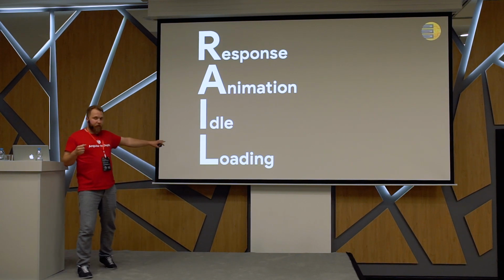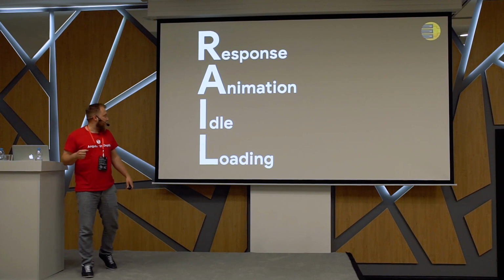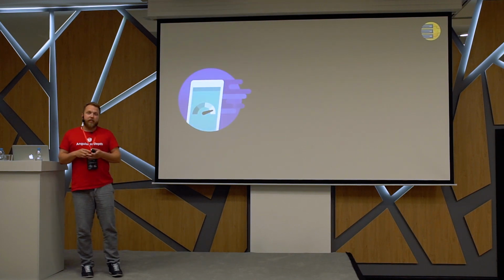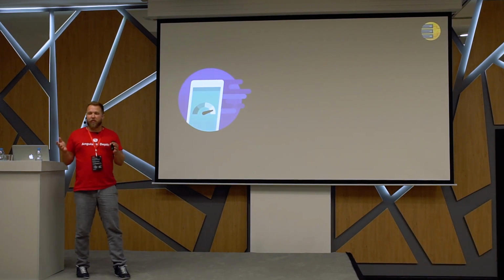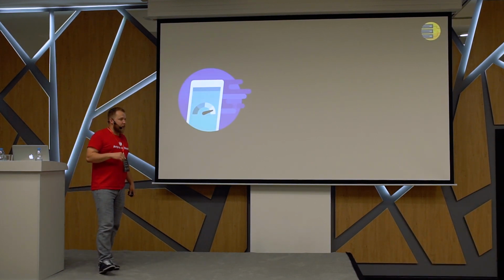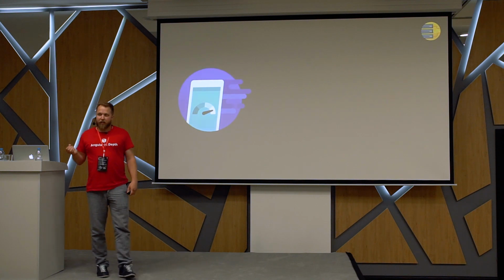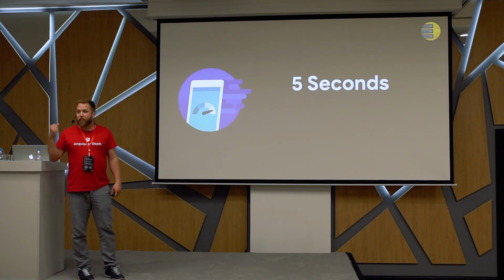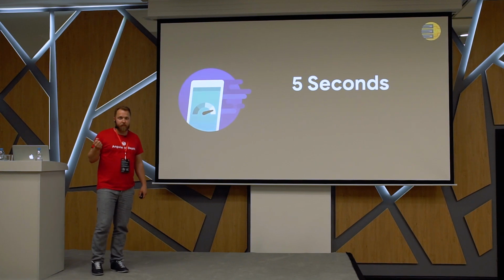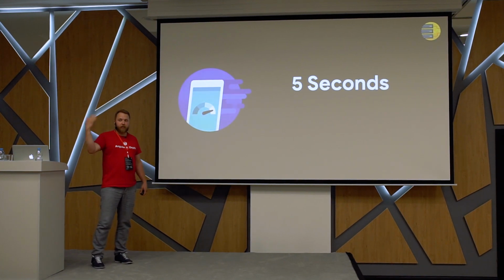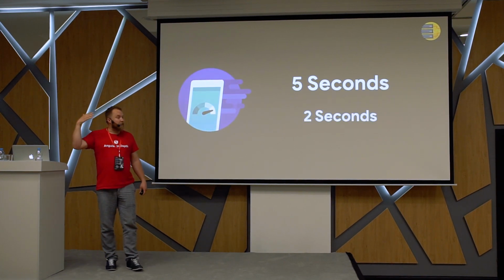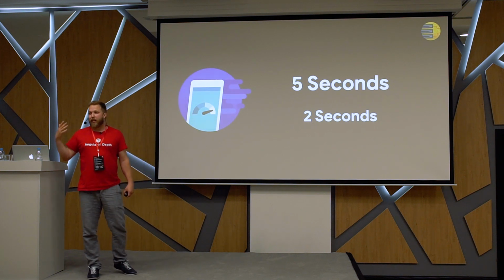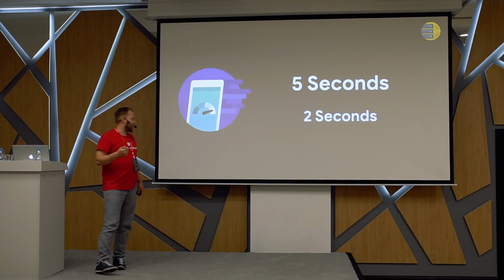Today we're focusing on the loading part as well. That model says that on the 3G network, on a mid-range mobile device, the recommended first loading time should be under 5 seconds, and any subsequent loads should be under 2 seconds. So let's say it's a good web application.